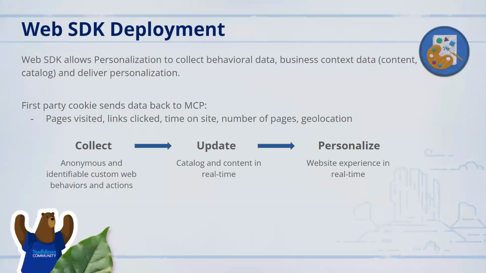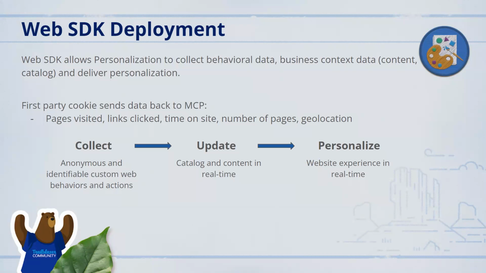The first piece that we'll be walking through today is the Web SDK deployment. The Web SDK allows personalization to collect the behavioral data, business context data, and deliver that personalization. The SDK places a first-party cookie on the visitor's browser, which sends data back to MCP.